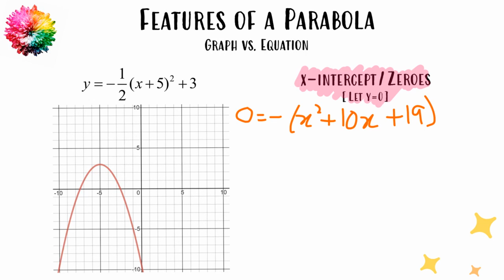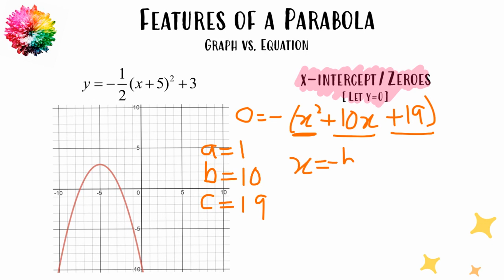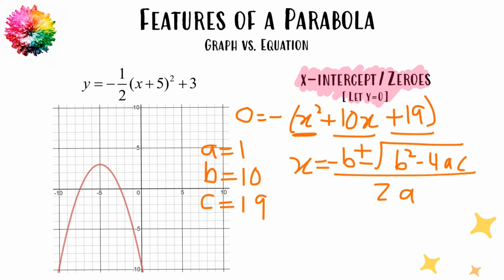So keep in mind our quadratic formula: your a value is whatever is attached to the x squared, your b value is whatever is attached to the x, which is 10, and your c value is the constant. And our formula is x is equal to negative b plus or minus the square root of b squared minus 4ac, all over 2a.